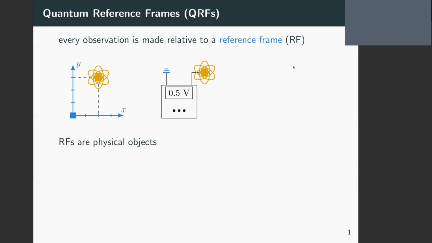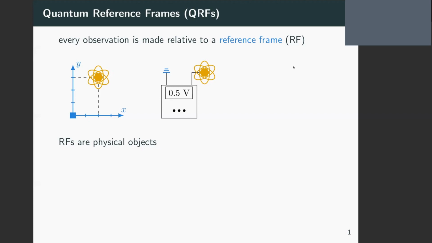Another reason why we might care about describing reference frames as physical objects, besides just general interest, is that sometimes we are forced to do so. There are situations where we are in a specific regime of physics where there are only very few physical systems that can actually do the job of a reference frame.